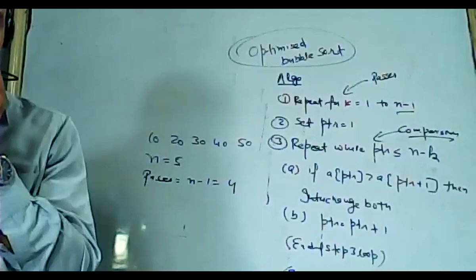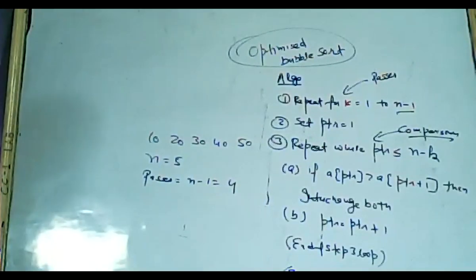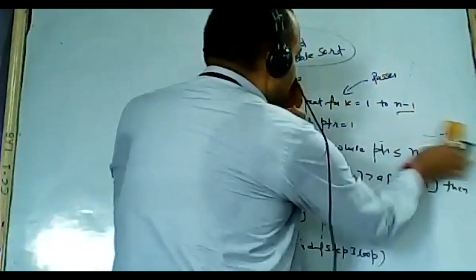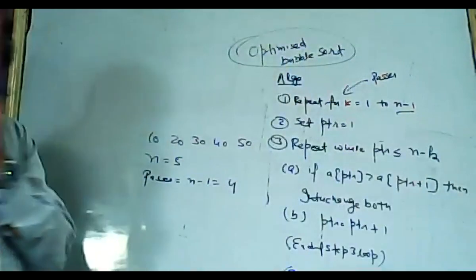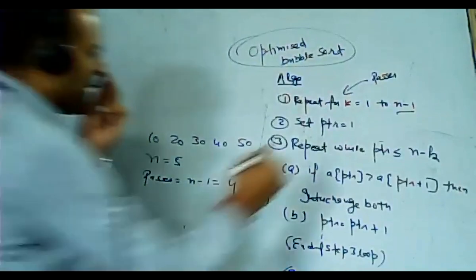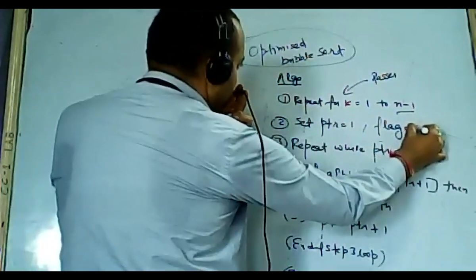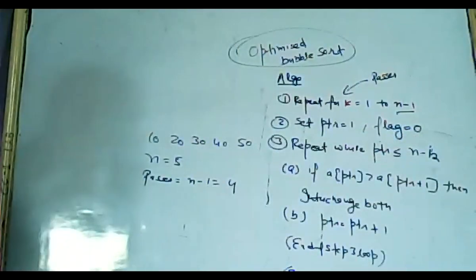Yes, sir. Now, how will I come to know the list is already sorted? So I'm going to make a few changes in this algorithm, and this algorithm will be for optimized bubble sort. What I need to do? I need to take a variable flag here. Flag will be initially 0.